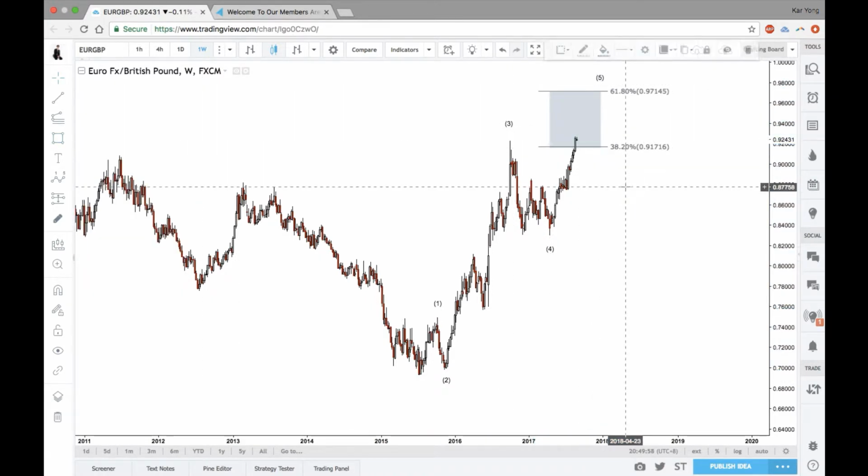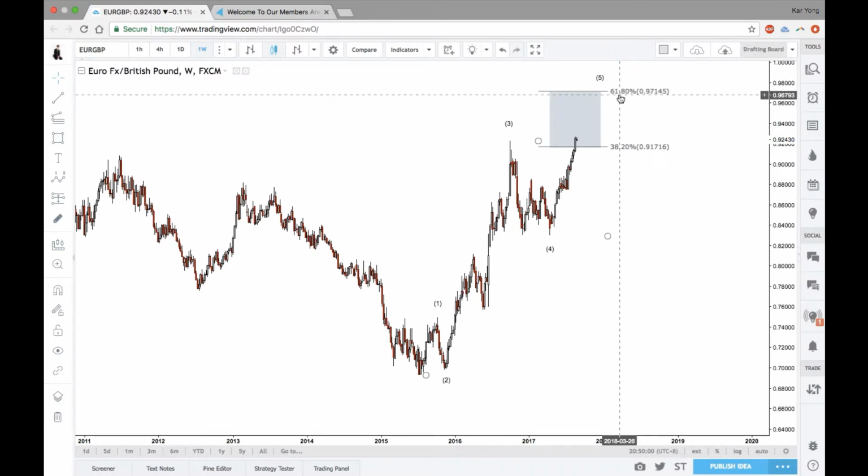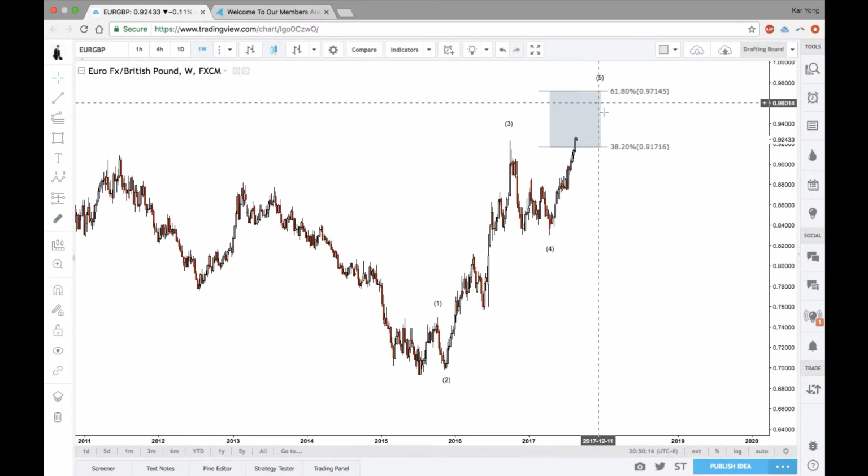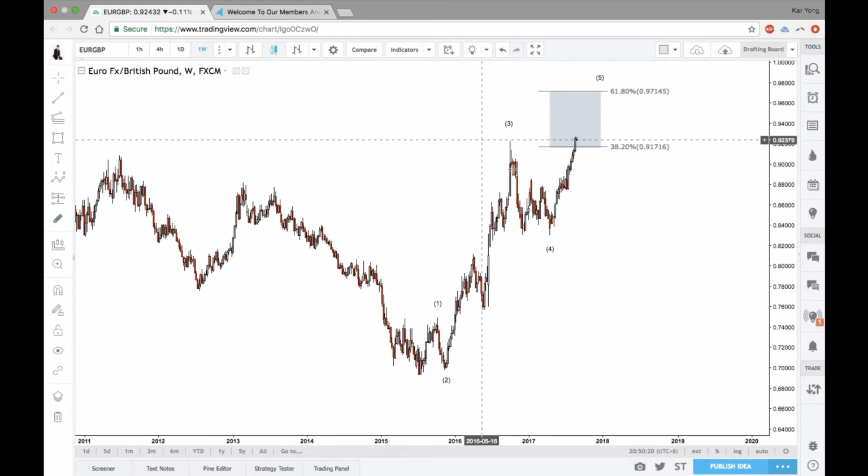Most of the time it will tag that 61.8, but as long as it hits 38.2, it has met the minimum requirement, meaning it doesn't need to go all the way up there, it can start to come down already. But as a trader, you always expect it to tag that level, that means touch that level. So your 5 is all the way up there. Now if you expect this, let me show you what your wave 4 is.